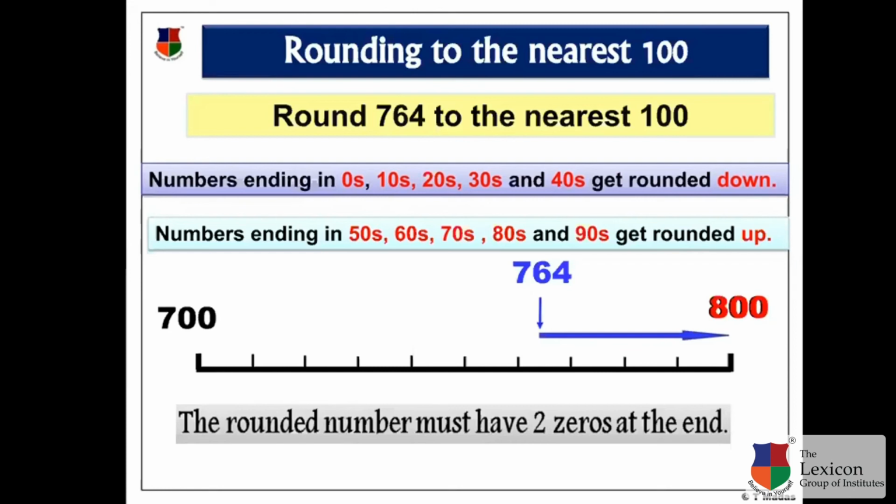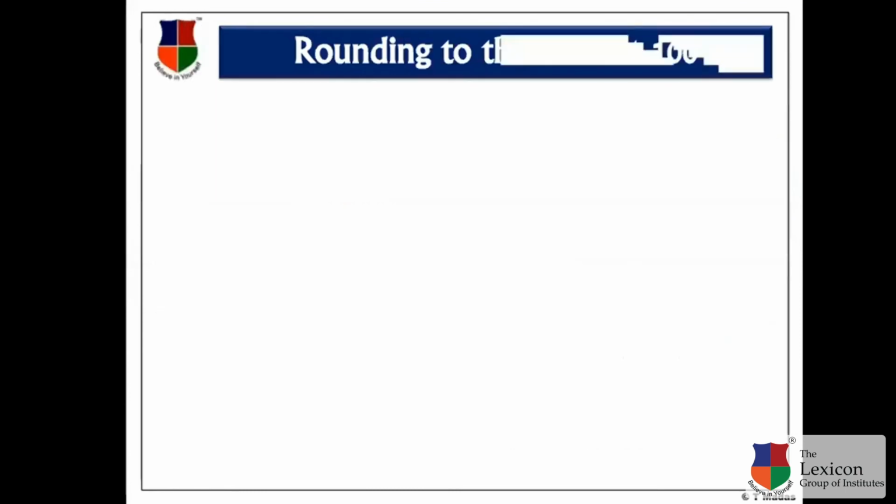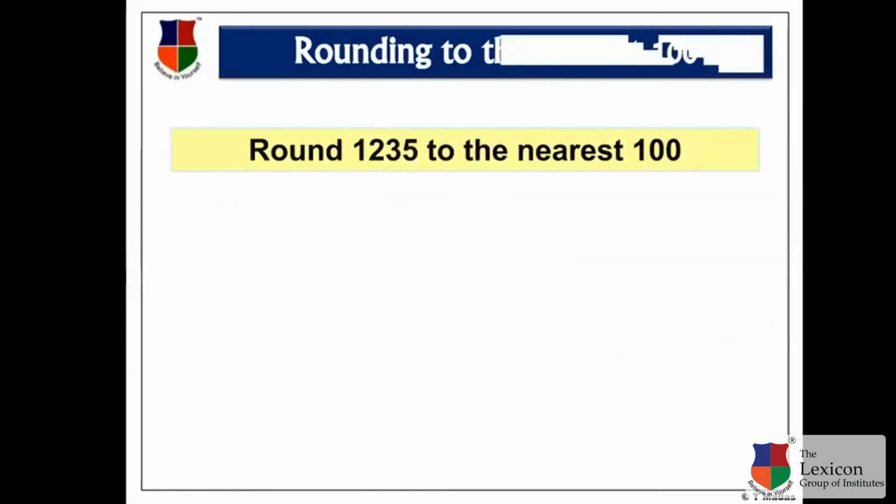When we are rounding off to the nearest 10, the number, when it gets rounded off, must have 1 zero. And when we are rounding off to the nearest 100, the number must have 2 zeros at the end, correct? So 764 rounded off to the hundreds is 800.